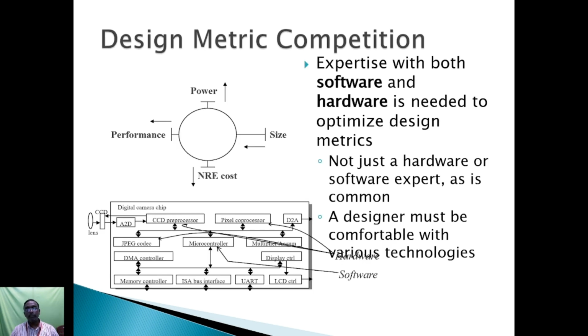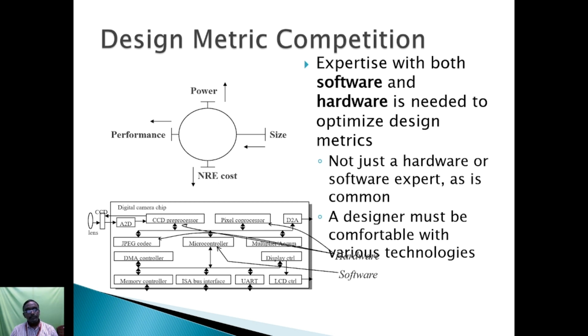Design metric competition: expertise in both software and hardware is needed to optimize design metrics, not just a hardware or software expert as is common. A design must be compatible with various technologies. The metrics are performance, power, size, and NRE cost.